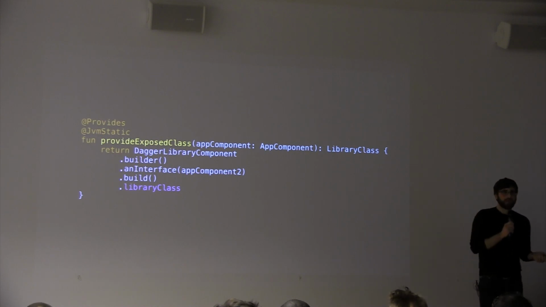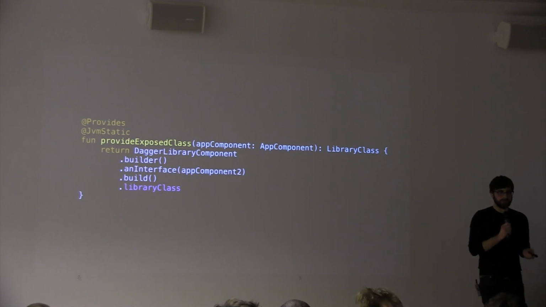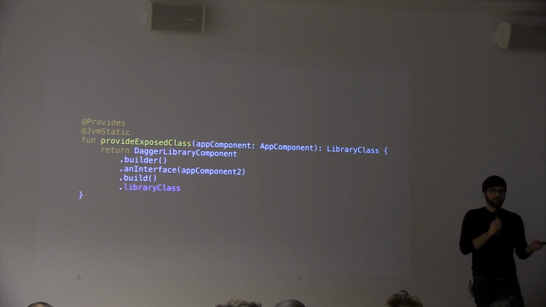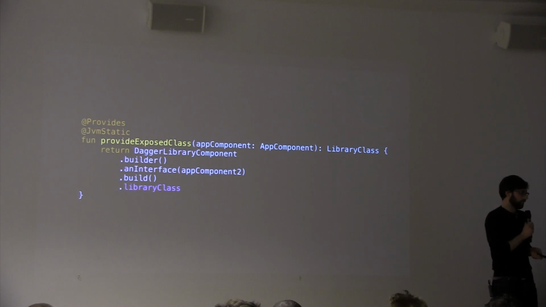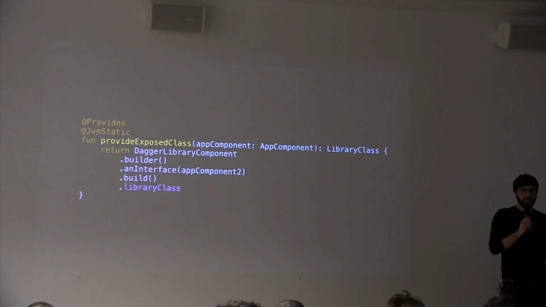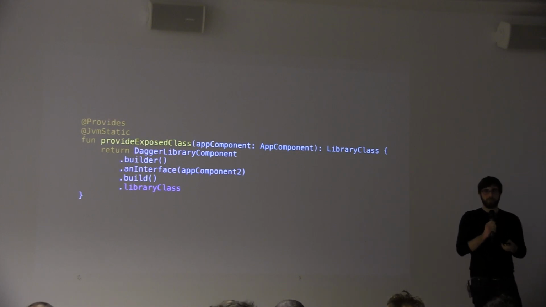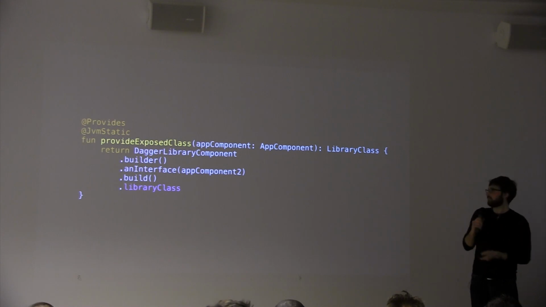And that's actually going to mean that Dagger can generate all the dependency injection code for that library or for that Gradle module when it builds that module itself, which is cool, and it can make your build fast as well. I'm not saying do this for everything. It's a bit of extra work, but if you have a big sub part of your app that's kind of standalone and has lots of internal dependencies, then it's an option.